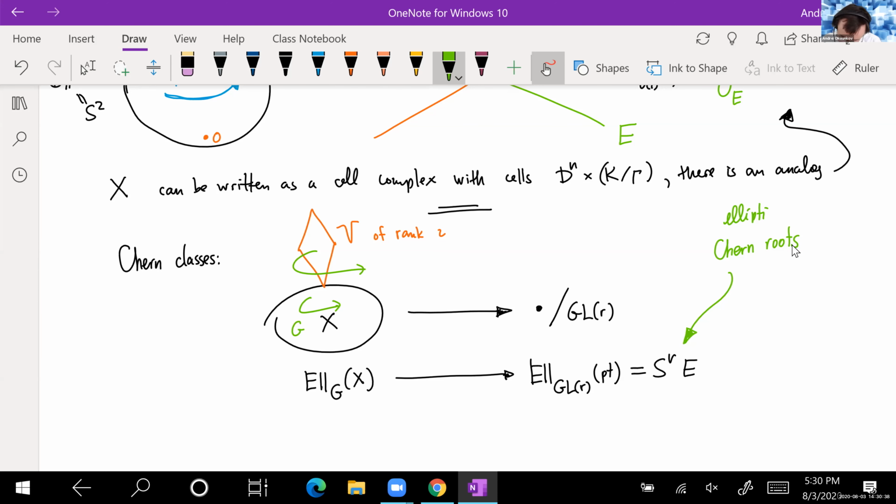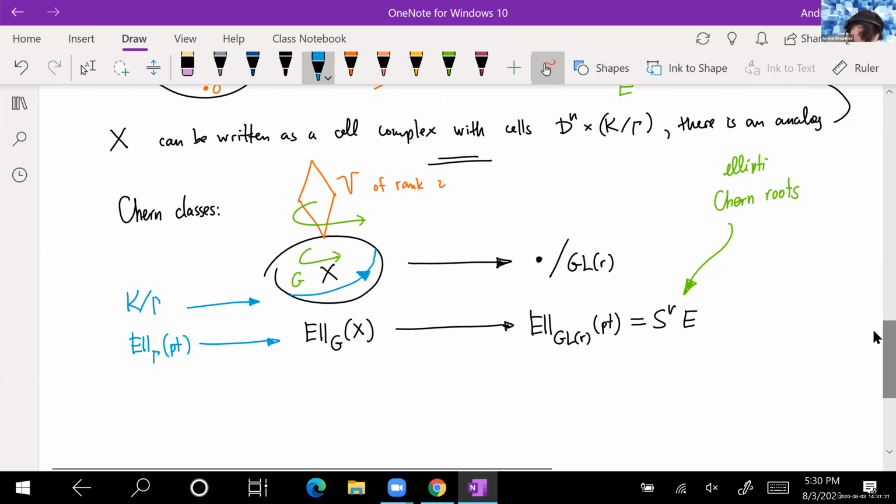Okay. And then in particular, suppose I have an inclusion of an orbit, K mod gamma, into X. Then when I pull back, I can ask what would be the composed map from the elliptic homology of gamma or point.